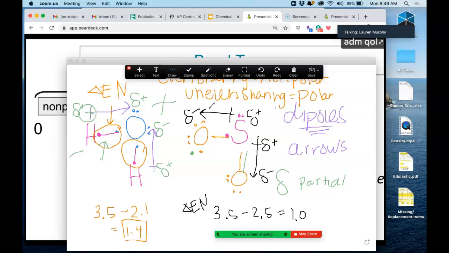Okay, so these are now called dipoles. It's these arrows that I'm drawing, a dipole. So again, this is a polar covalent bond. This is a polar covalent bond, and they're the same exact bond. It's a sulfur oxygen. Yes, I realize this is a double bond and this is a single bond, but that doesn't change the electronegativity values of the atoms attached, okay?